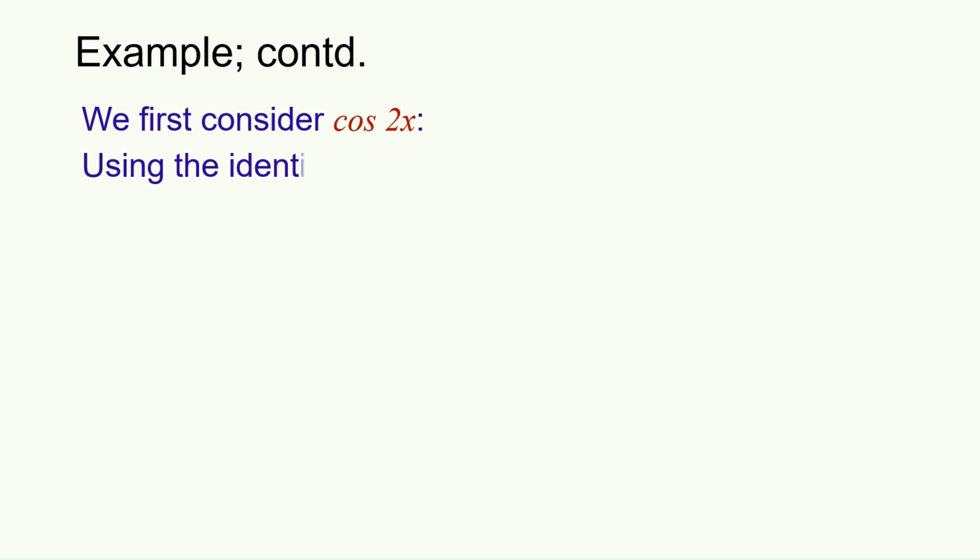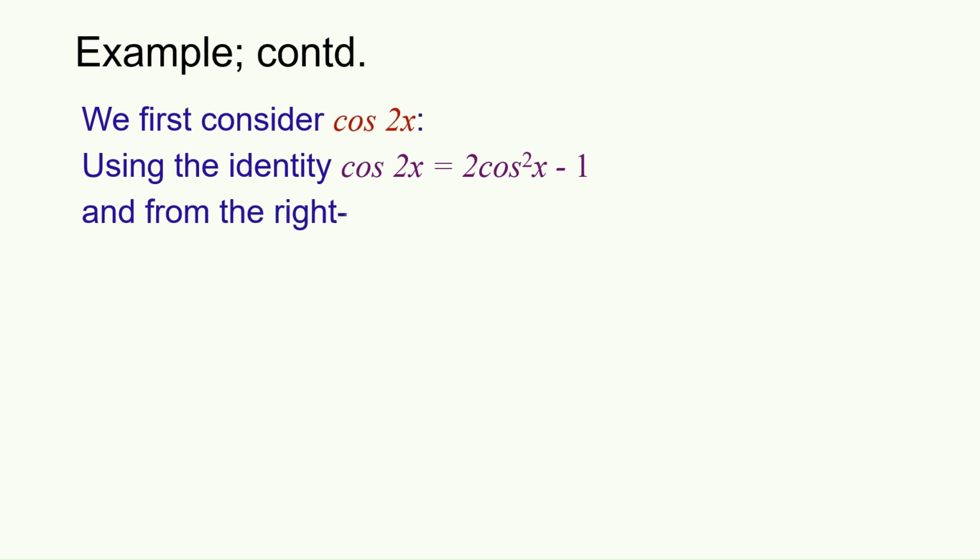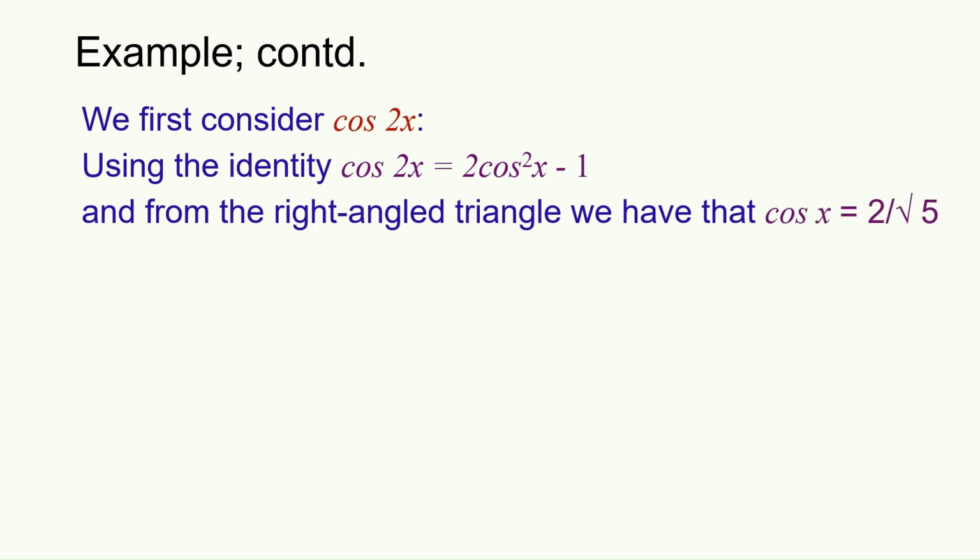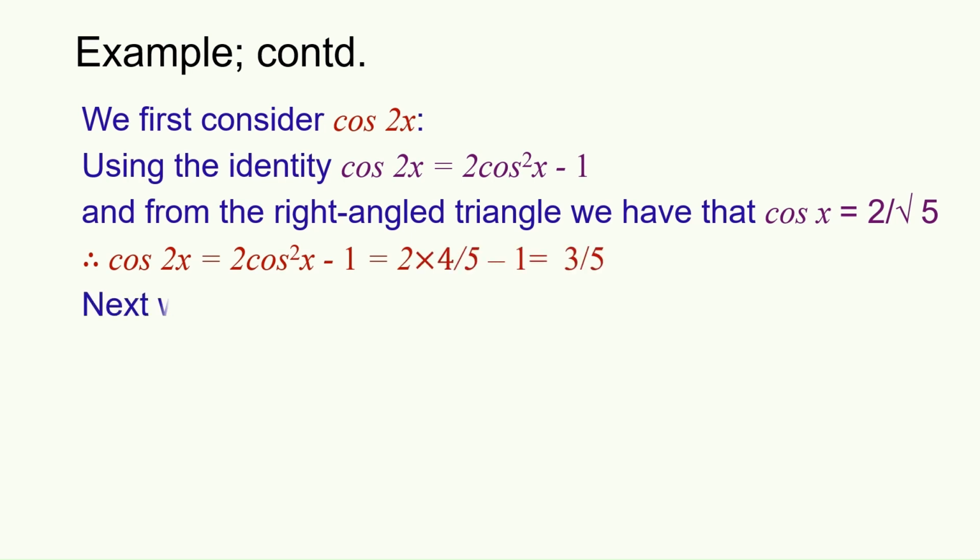We first consider cos 2x, using the identity cos 2x equals 2 cos squared x minus 1. From the right-angled triangle we have that cos x equals 2 divided by square root 5. Therefore cos 2x equals 2 cos squared x minus 1 equals 2 times 4 divided by 5 minus 1 equals 3 divided by 5.